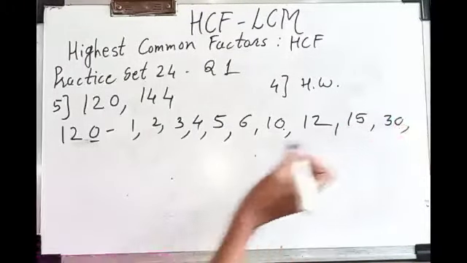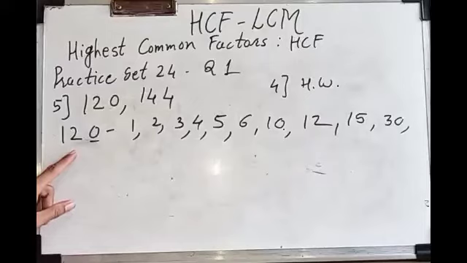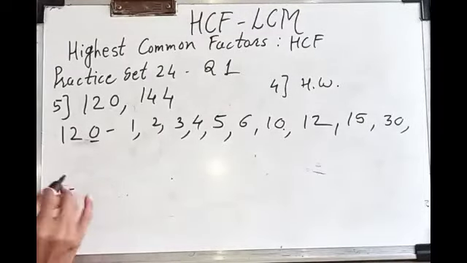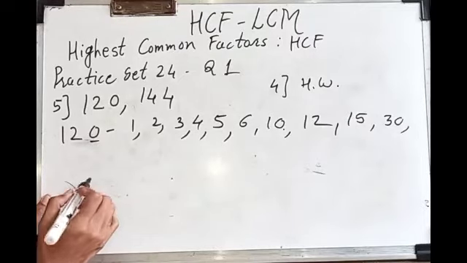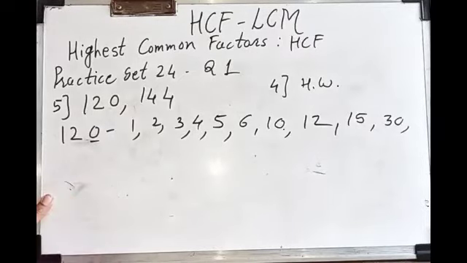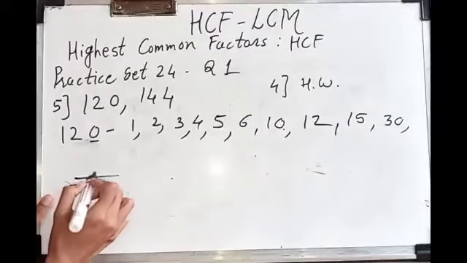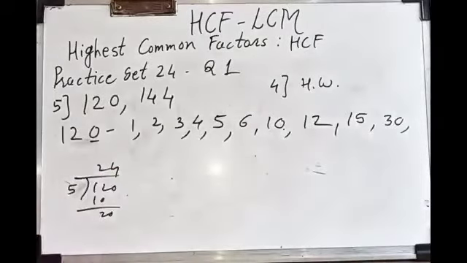Okay. Then after 30, 60 will come. Then 120 divided by 5 is 24.